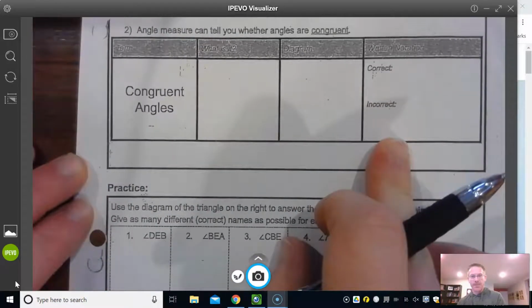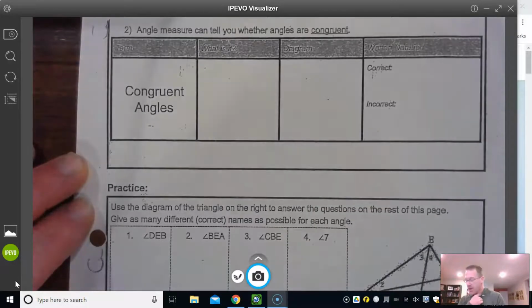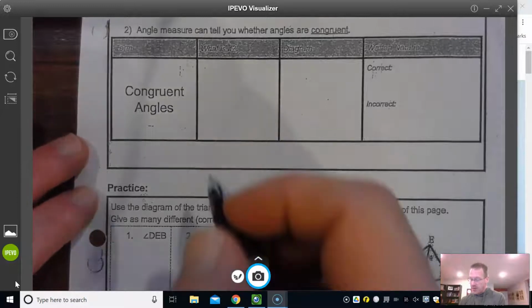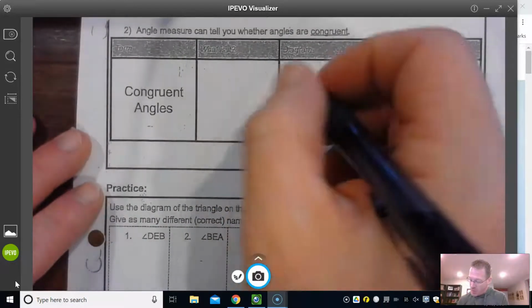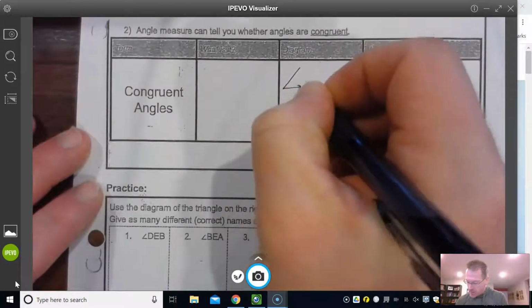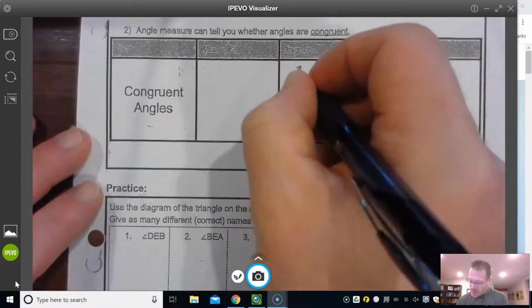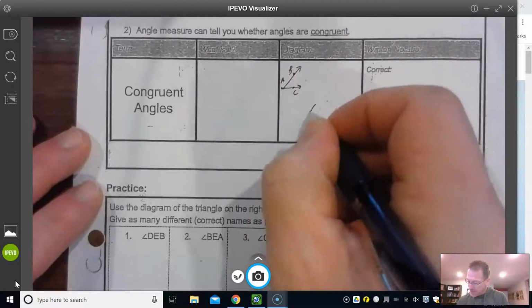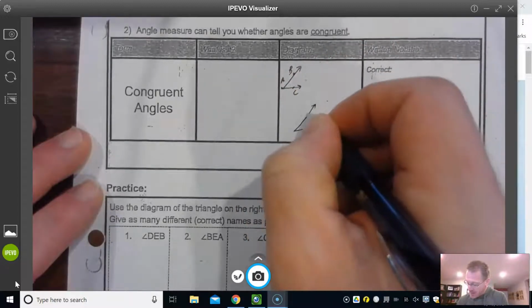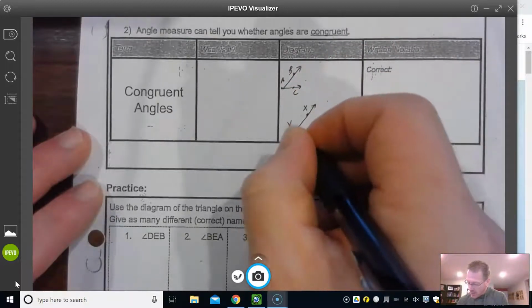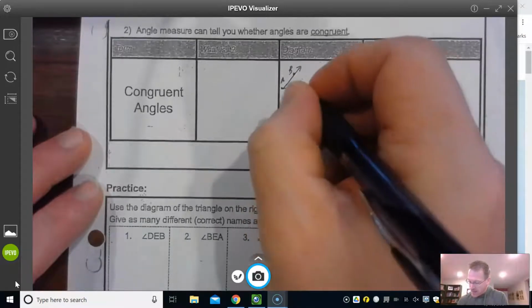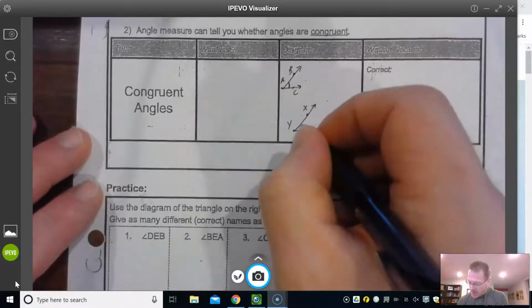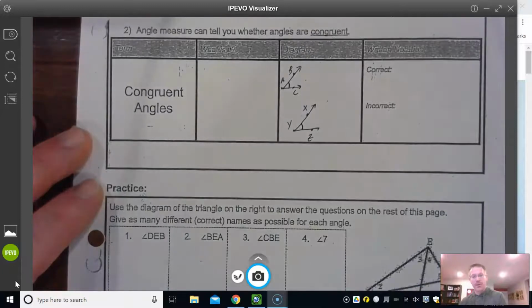Now, the other thing I'm going to put in here is some notation for congruent angles. Let's say that this is BAC here, and then let's say that this is XYZ. We know those two angles are congruent.